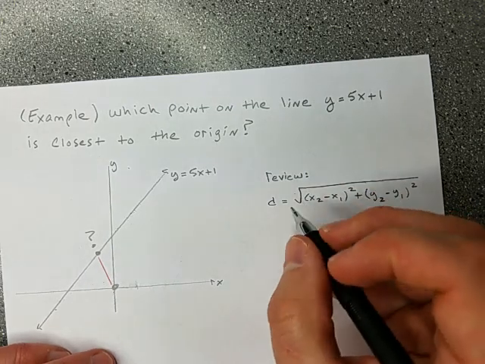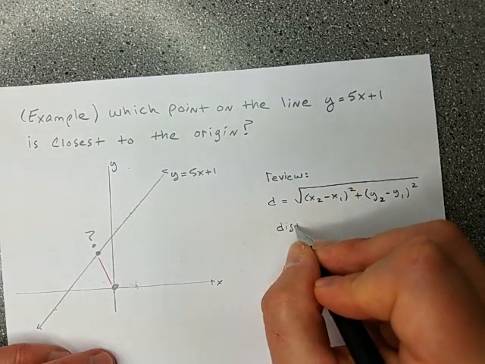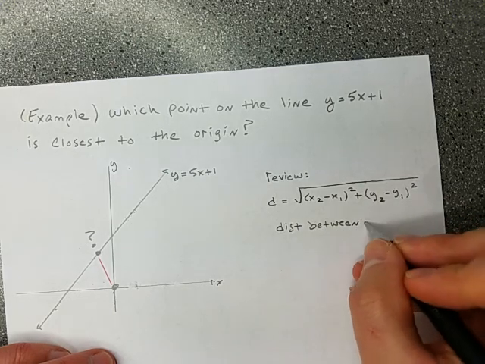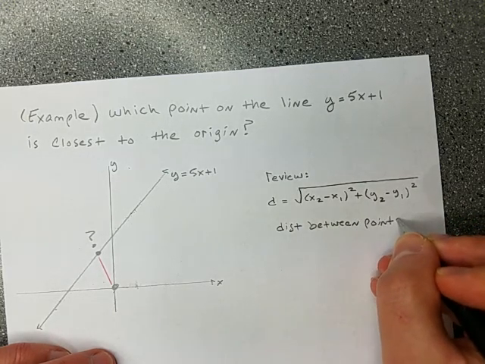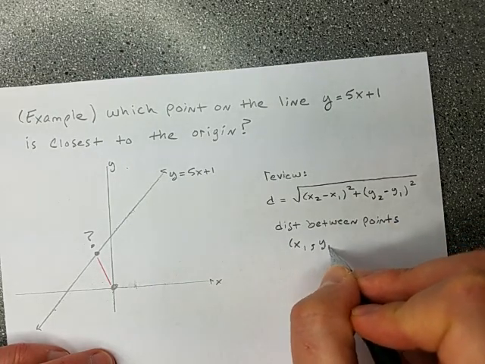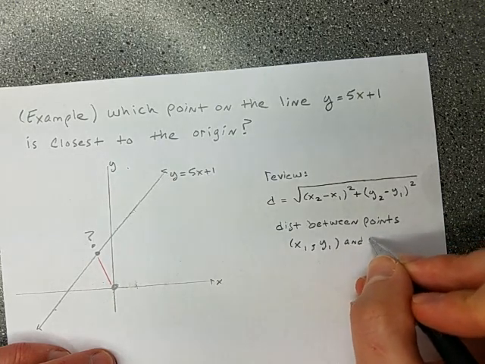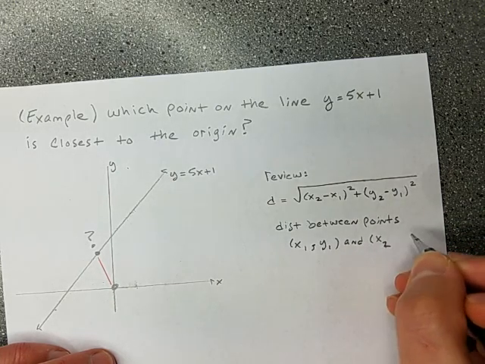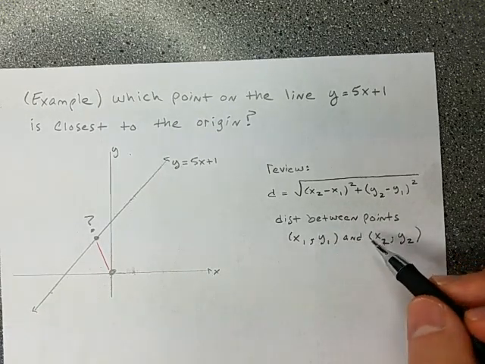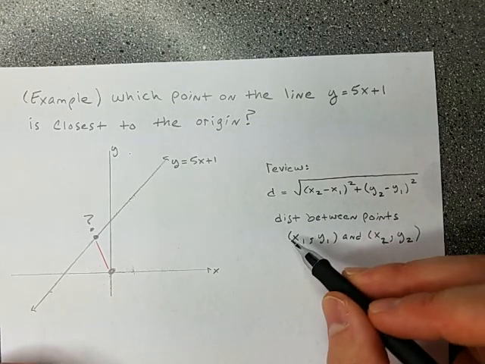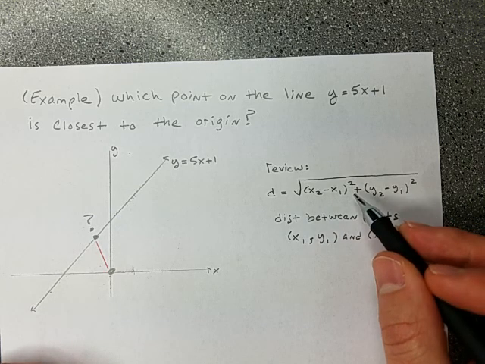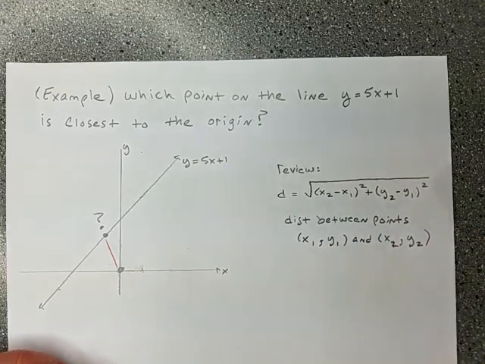So that's the distance between points, just in abstract form, x1, y1, and x2, y2. All right. So whatever those points are, you take this x coordinate minus that one, you square it. You take this y coordinate minus that one, you square it. You add them, you take the root. That's how you find the distance.